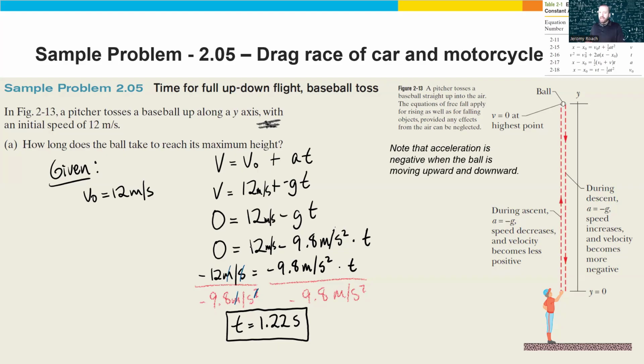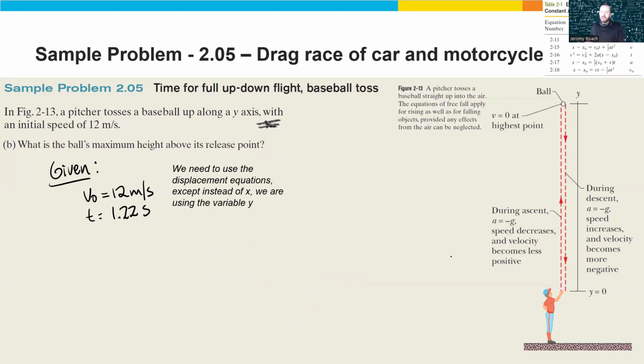You cannot add these together or subtract them. So we're going to minus 12 on both sides. We get negative 12 meters per second equals negative 9.8 meters per second squared times time. Then we divide by negative 9.8 meters per second squared on both sides, and we get a time of 1.22 seconds. So that's how long it takes for this ball to reach the very top when it's moving at 12 meters per second.